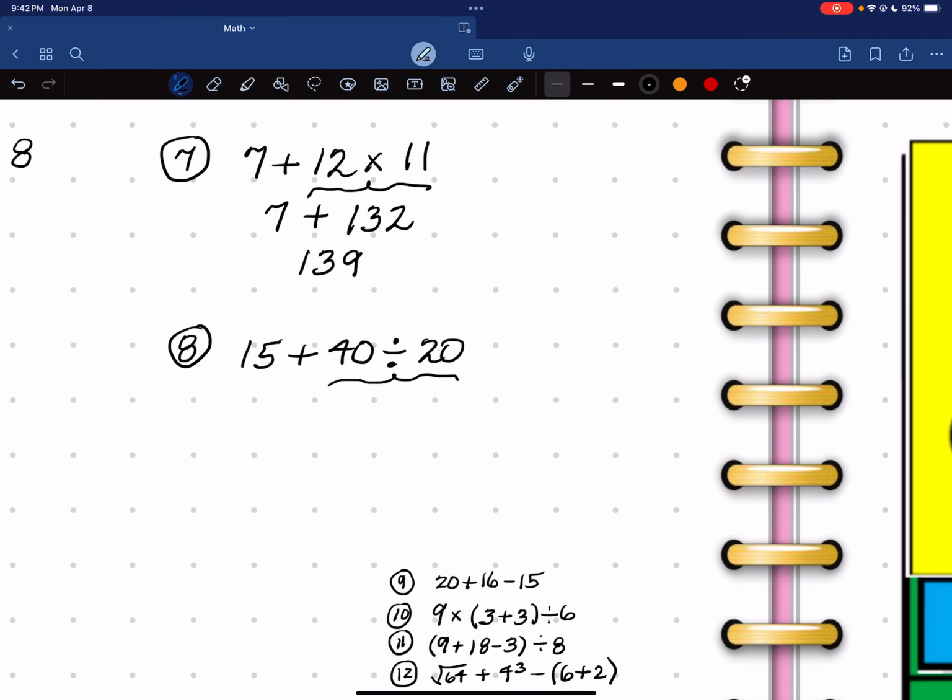We have division right there. 20 into 40. And this is another mental math trick that you might want to know. You can cancel those 2 zeros, one from each number, and then 4 divided by 2 is 2. Bring down the 15 plus, and that would give you a simplified answer of 17.